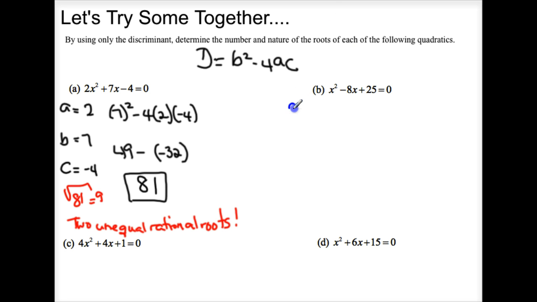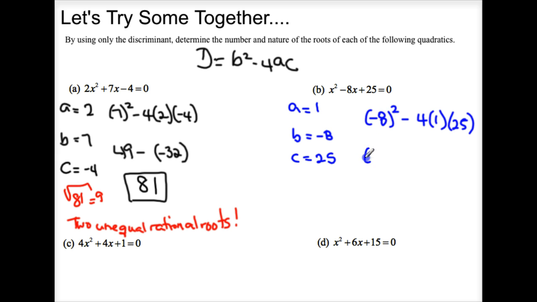Alrighty, B again. My A is 1, not negative 1. My A is 1, my B is negative 8, my C is 25. So what's my discriminant? My discriminant is negative 8 squared minus 4 times 1 times 25. This becomes 64 take away 100, which is negative 36.